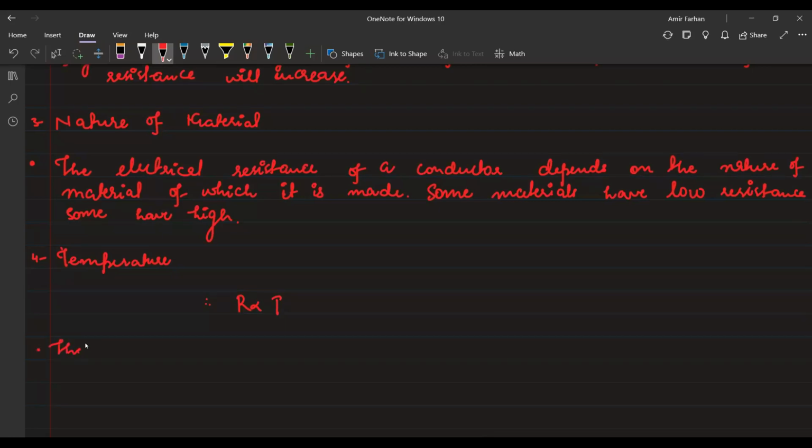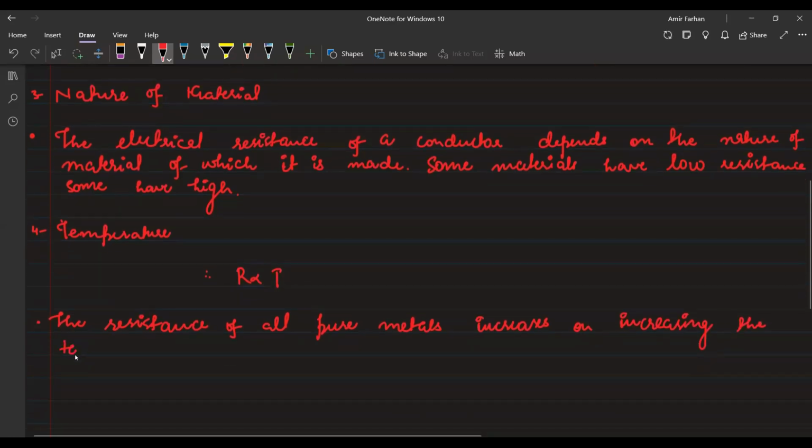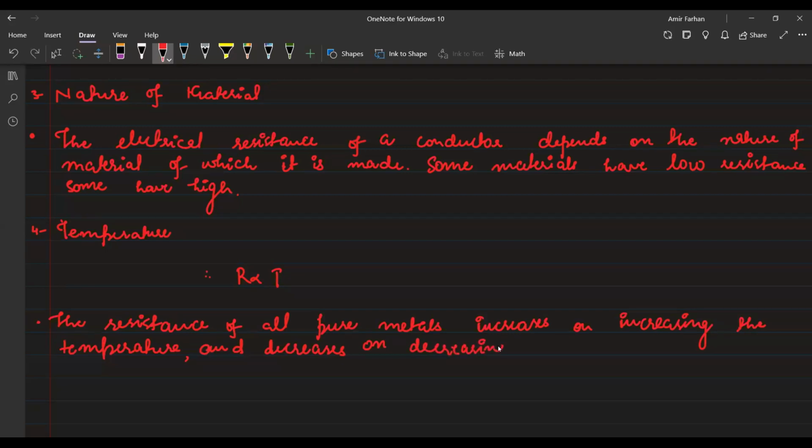The resistance of all pure metals increases on increasing the temperature and decreases on decreasing the temperature.